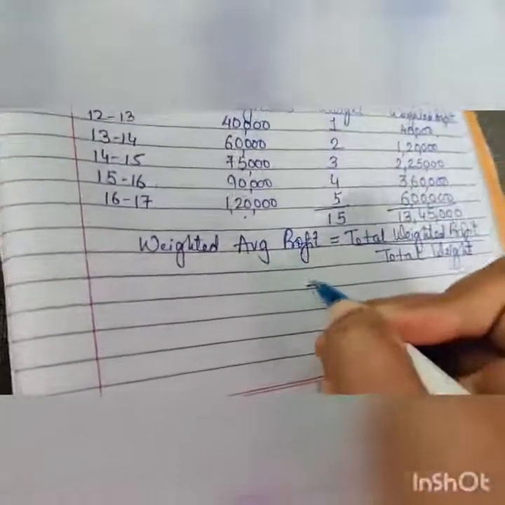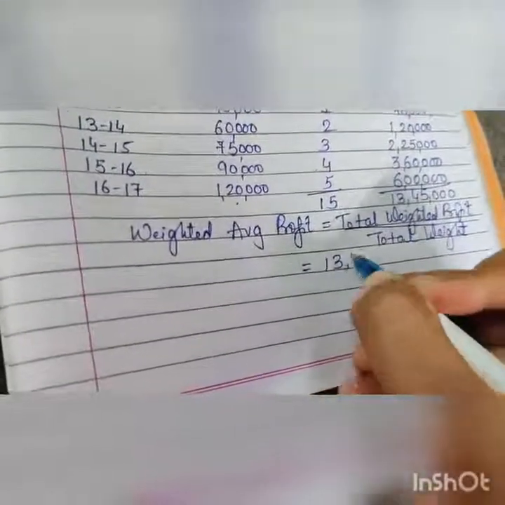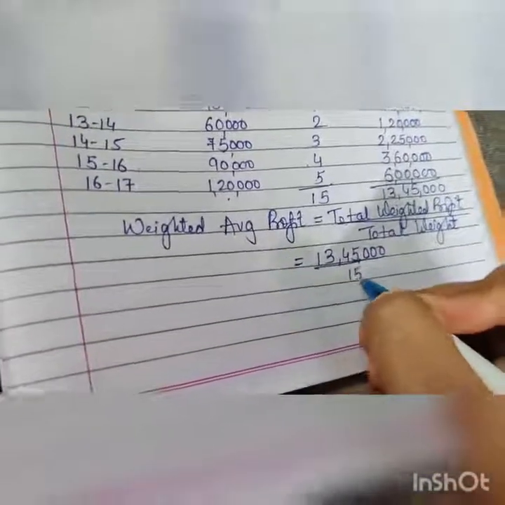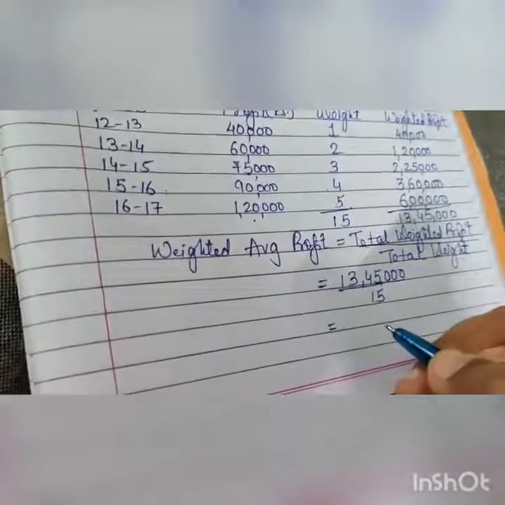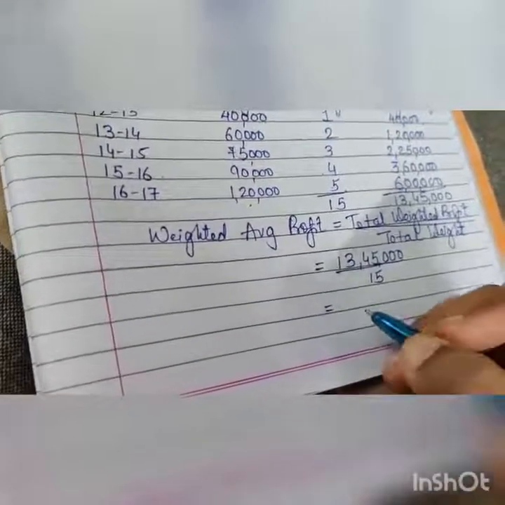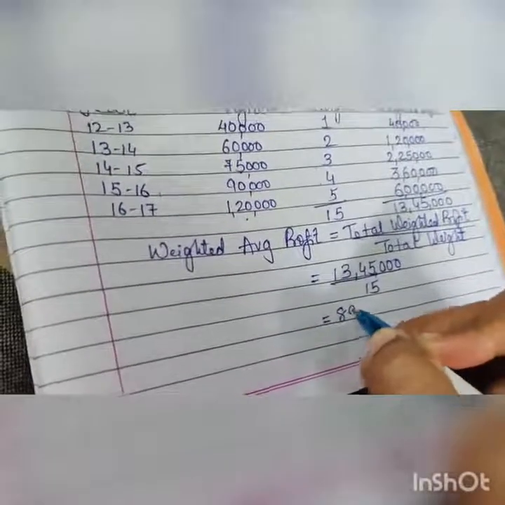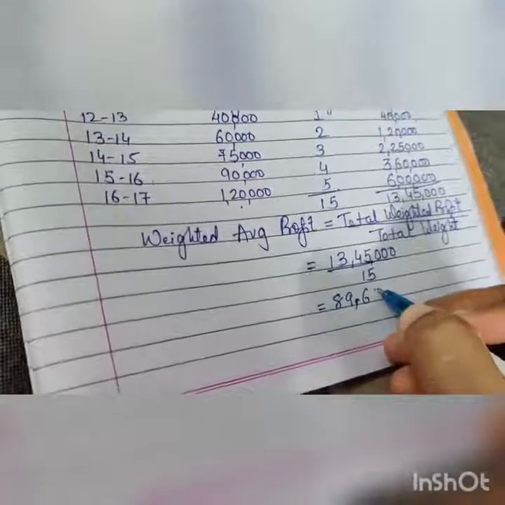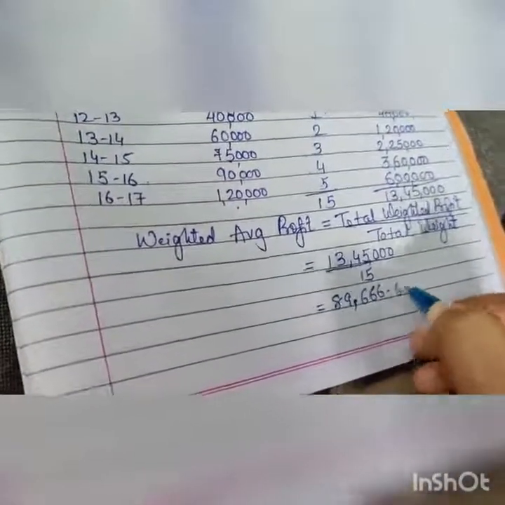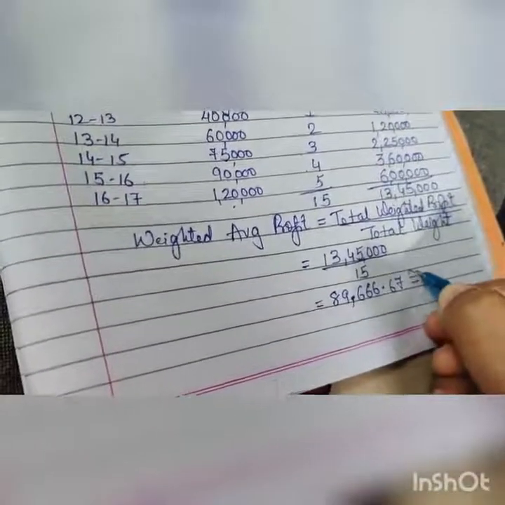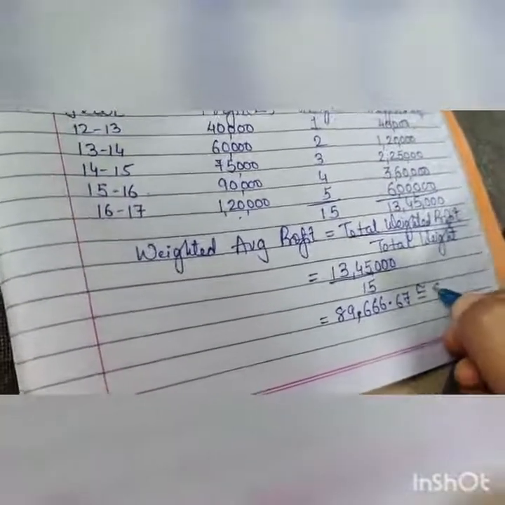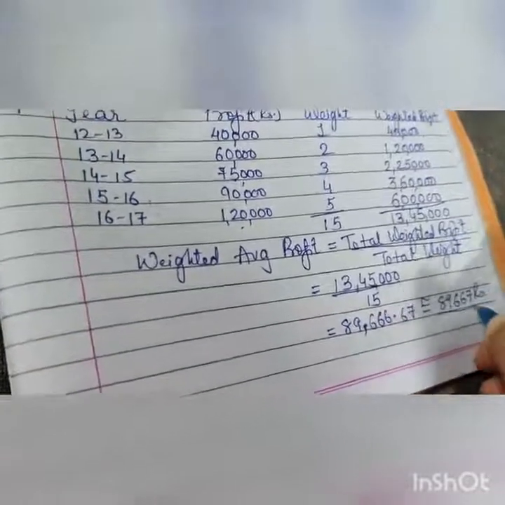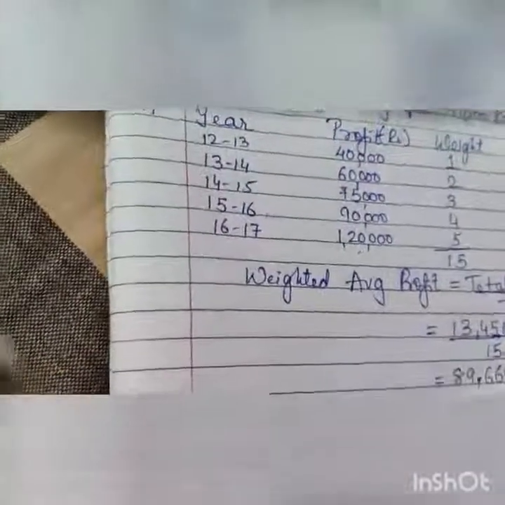Which is equal to 13,45,000 divided by 15. So when you divide these two numbers, the answer comes to 89,666.67, so approximately we can take it as 89,667 rupees. Is that much clear to everyone?